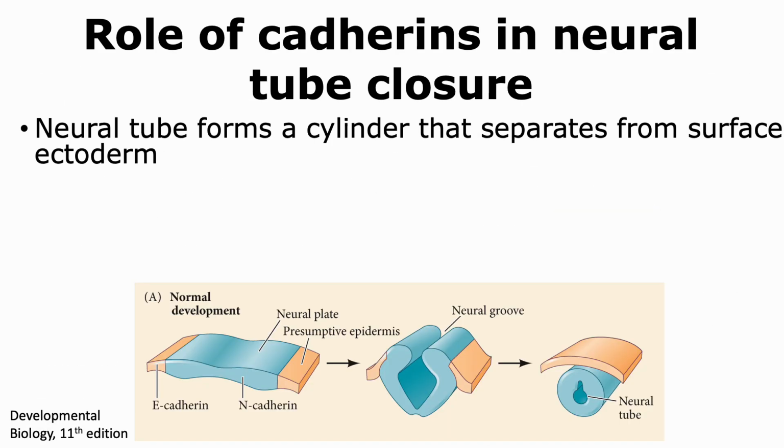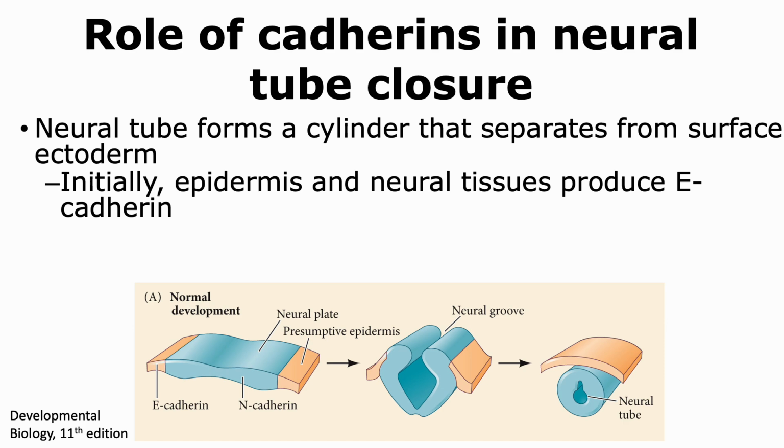Now, when we look at the molecules involved in neural tube closure, the cadherins are known to play an important role. The neural tube eventually forms a closed cylinder that separates from the surface ectoderm, so there has to be some sort of driving force separating the tube from the upper epidermis. Initially, the entire tissue, the epidermis as well as the neural tissue, produces E-cadherin.